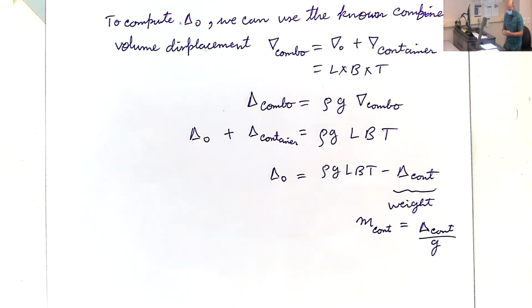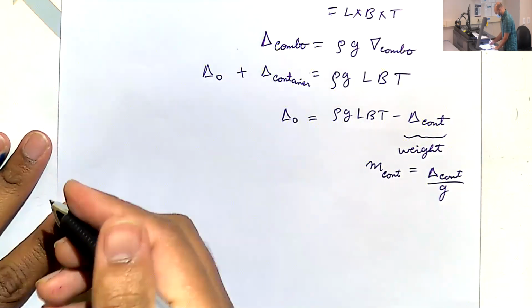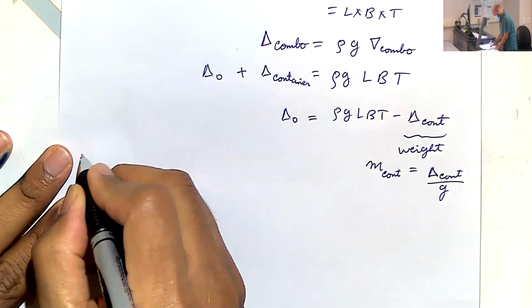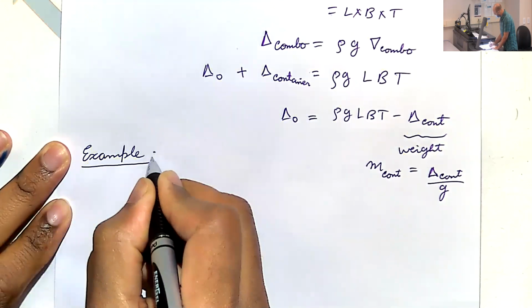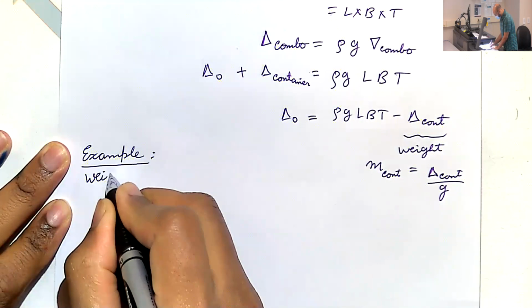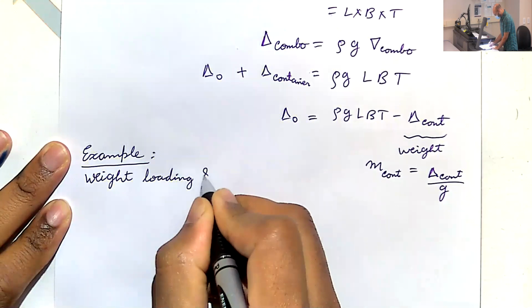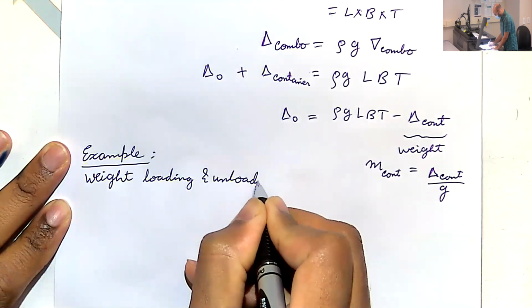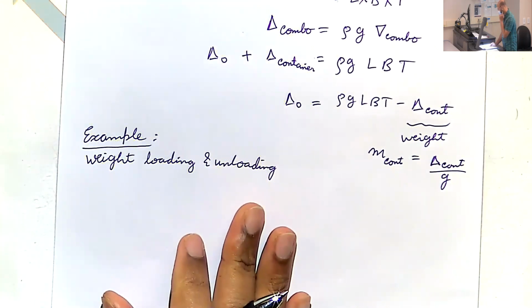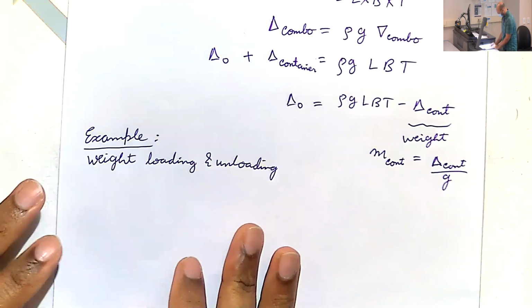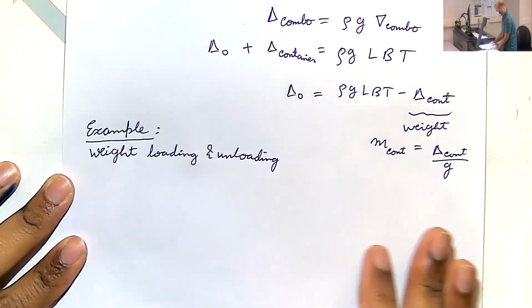Okay, so let's do another example where we load and unload weight or cargo on the ship. So, example: weight loading and unloading. I'll make a table of the weight and the position they're put in.